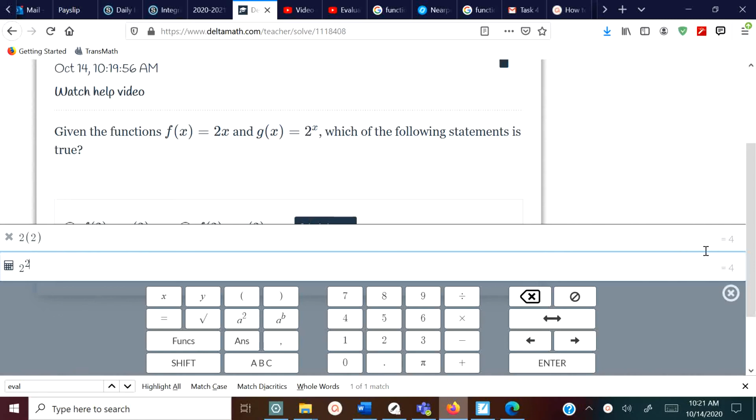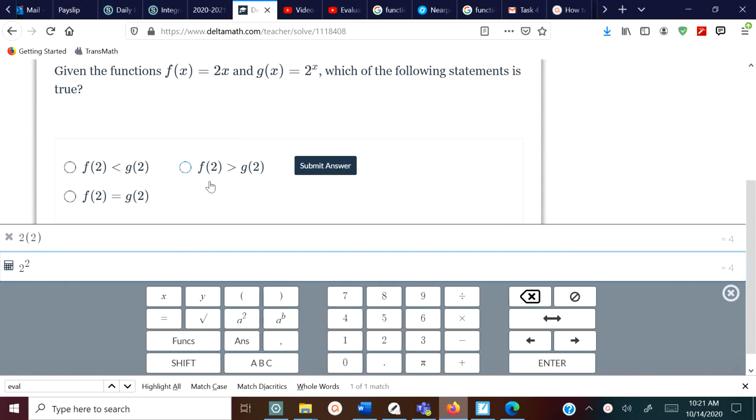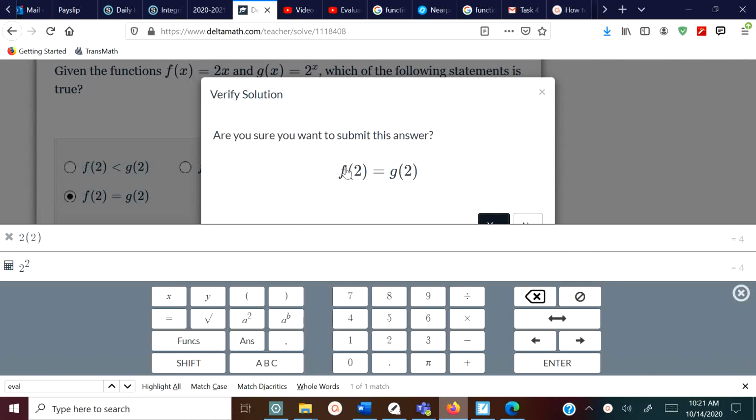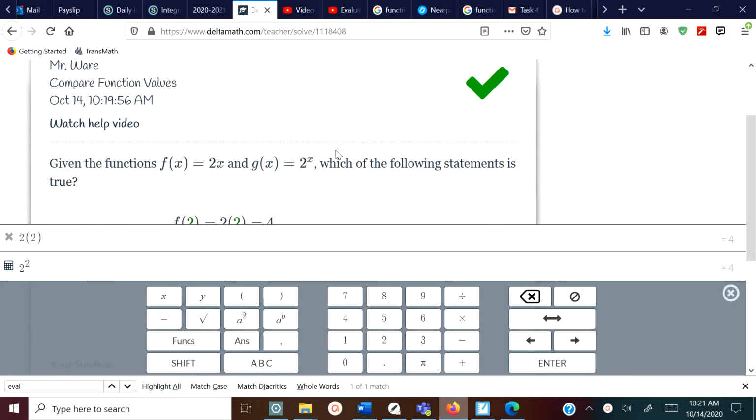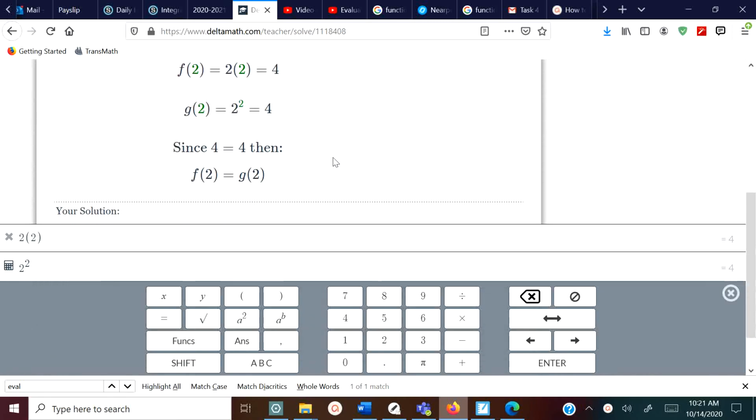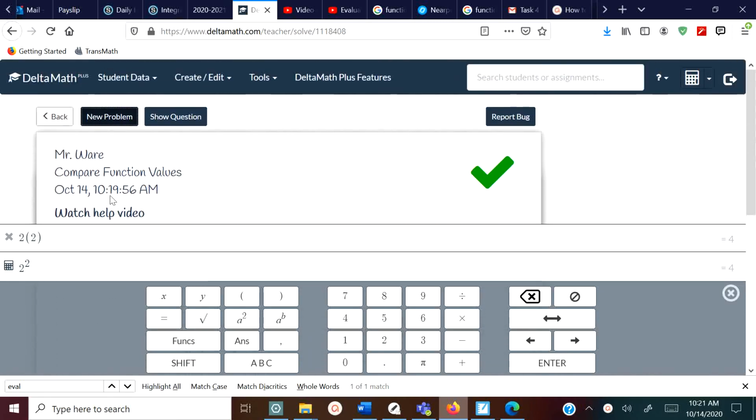They're both equal, they're both the same number, so I can just go ahead and hit equal. But if it helps to write it down like I did on the first problem, you could totally do that. Then hit submit, and there you go. That is compare function values.